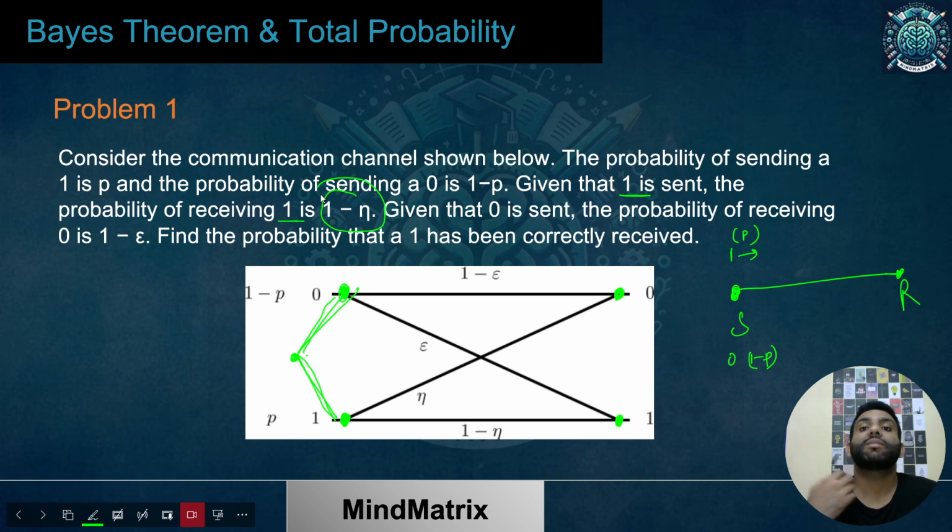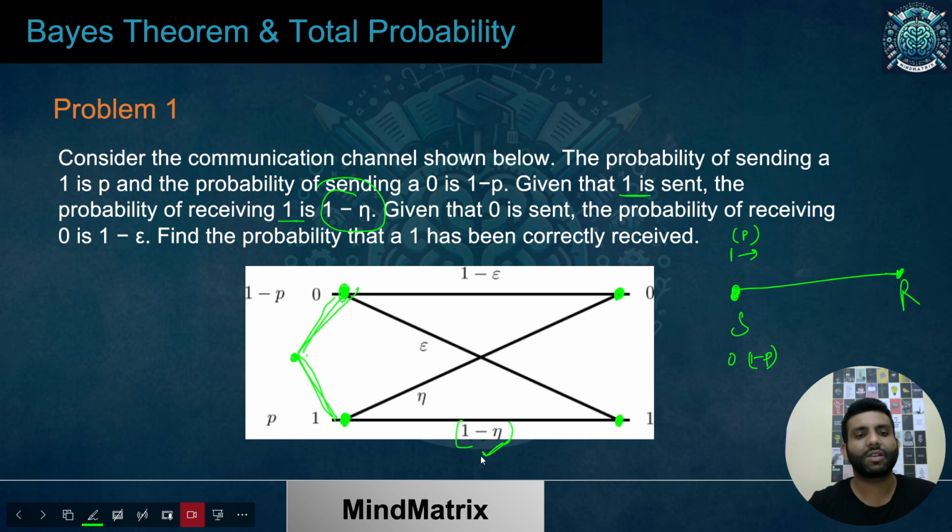Because there may be some noise in the channel, and because of noise my signal can fluctuate, converting 0 to 1 and 1 to 0. So whatever is sent from my sender end, I may not necessarily receive the same thing at my receiver end. The probability of that is mentioned here: if 1 was sent, I will receive 1 with probability 1 minus eta.